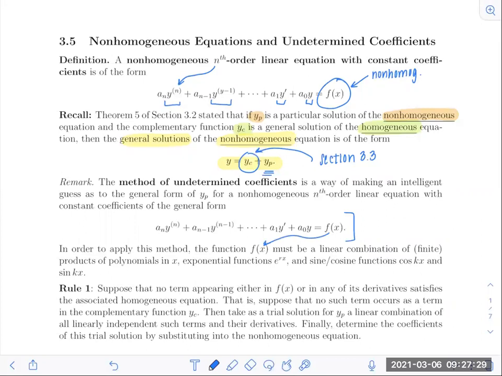If that function f of x is not a product of those types of functions, so for example, if you see natural logs, or radicals, or any other trig functions outside of sine and cosine, that's beyond the scope of this course, and we're not going to be discussing those. All of the problems in the textbook will fit this method of having polynomials, exponentials, and sines and cosines.